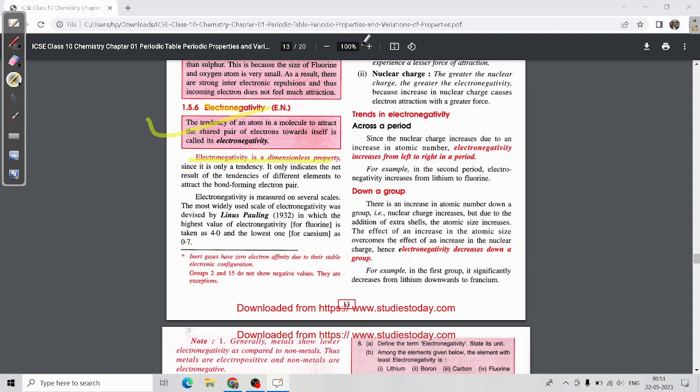Now what is electronegativity? Electronegativity is the tendency of an atom in a molecule to attract the shared pair of electrons towards itself. Okay, it is called electronegativity, and as it is a tendency, it is a dimensionless property, and it was discovered by Linus Pauling.